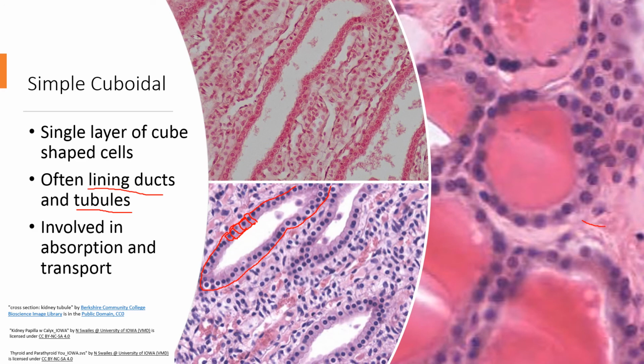This is from the thyroid, and again, this is a simple cuboidal epithelium. It's important in delivering thyroid hormone to other parts of the body. And then this is in the kidney as well. So again, you can kind of see these little small cuboid cells tightly packed together, lining this duct.